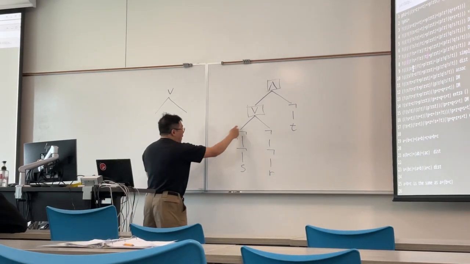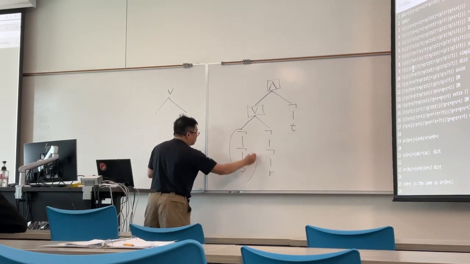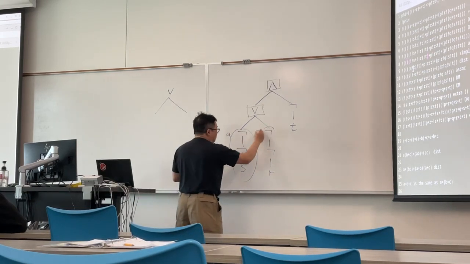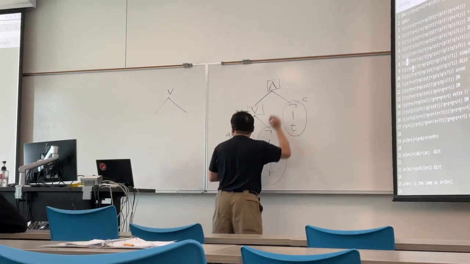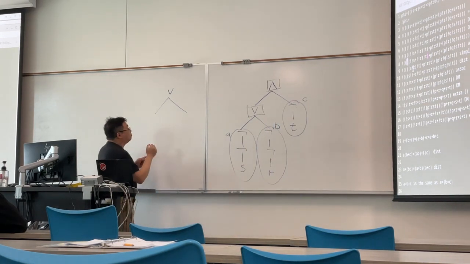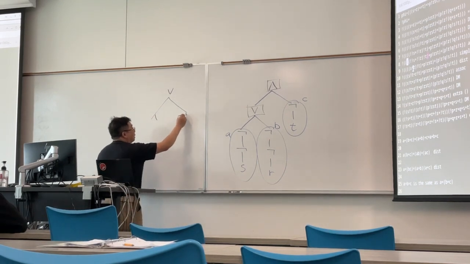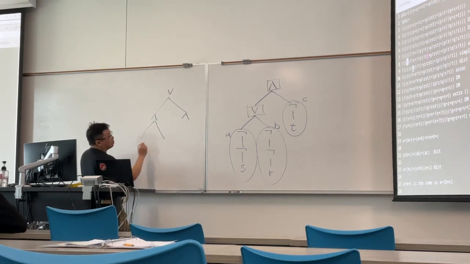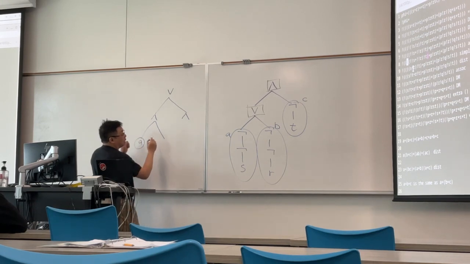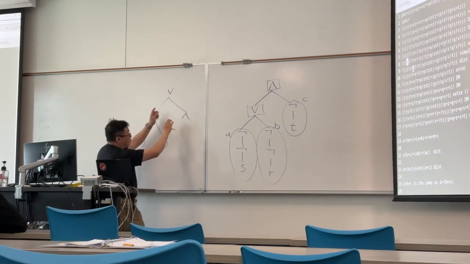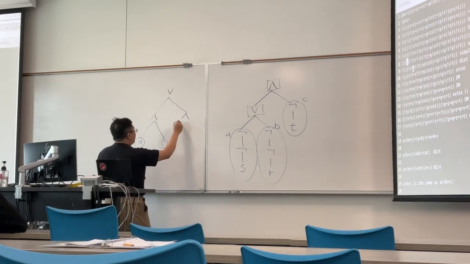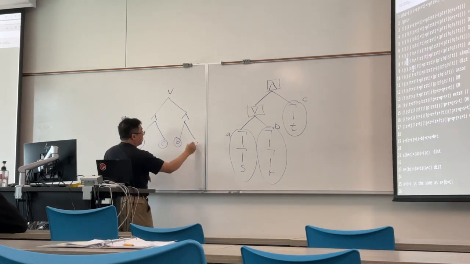So you take this entire subtree, we'll call this subtree A, we'll call this subtree B, and we'll call this entire thing subtree C. What you end up doing is an and here, and the and is going to take the subtree A, whatever it is, and end it with subtree C. And then on the other side of the or, you're going to end subtree B with subtree C.